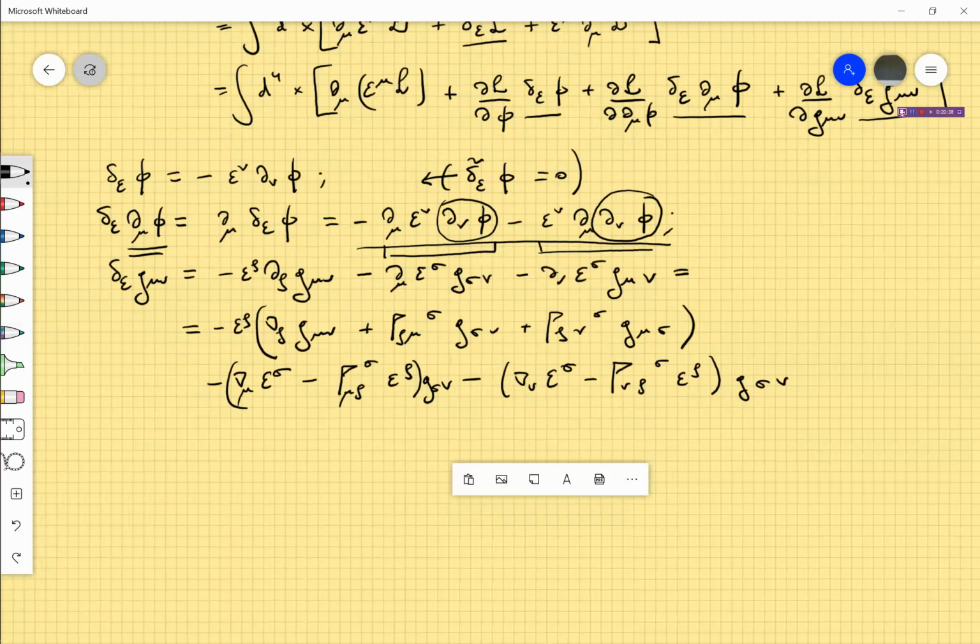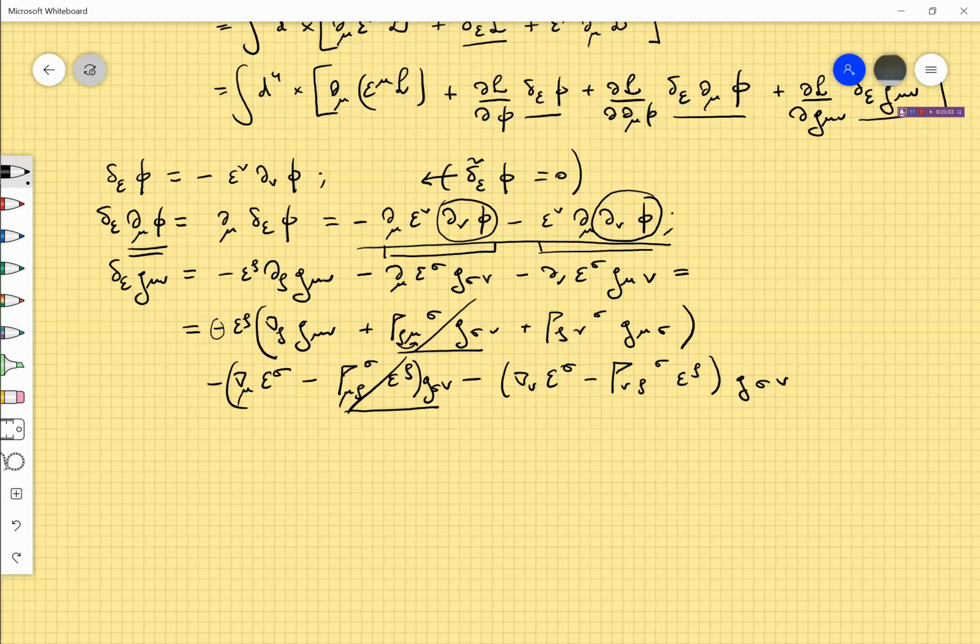Now observe that this term is equal to this term, but comes with the opposite sign. I need to use the fact that the connection is symmetric, so instead of rho mu, I have mu rho here, epsilon rho is multiplied here, this comes with a minus, this minus a minus, this comes with plus. Well, the conclusion is that these two terms cancel, and the other one, because it is symmetric in the interchange mu nu, also cancels.